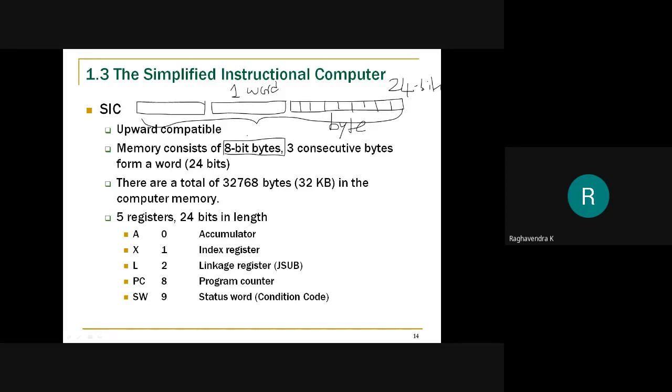Then the next feature that we need to look into are registers. If you are familiar with computer organization, then you will know that memory is organized in a hierarchy.